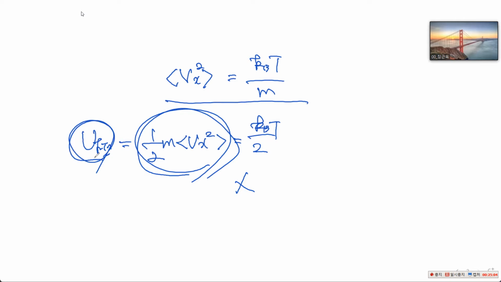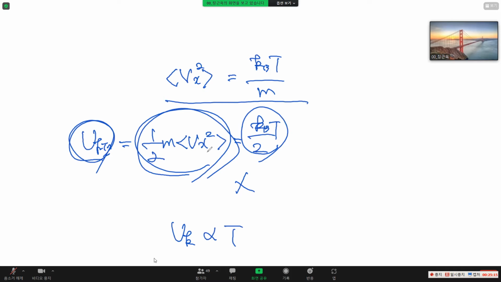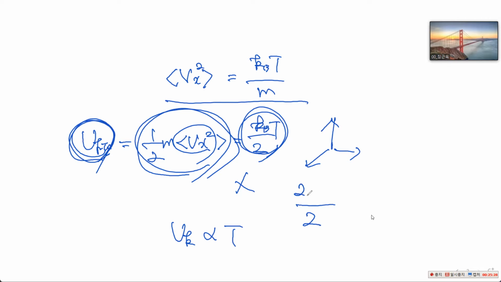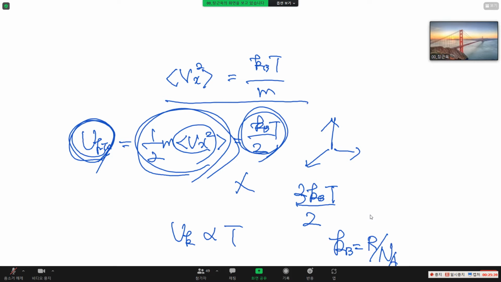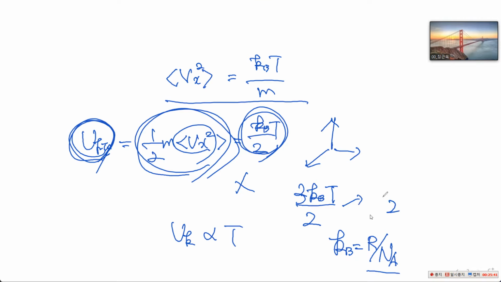Then from that result, we can derive that the kinetic energy is proportional to T. And for one direction, it is given by kBT divided by 2. So if there are three directions, vx, vy, vz, then the total kinetic energy or internal energy is given by 3/2 kBT. Last time, I told you that kB is given by R divided by the Avogadro number. So for one mole, we can derive that.